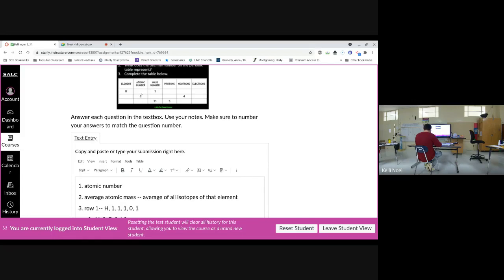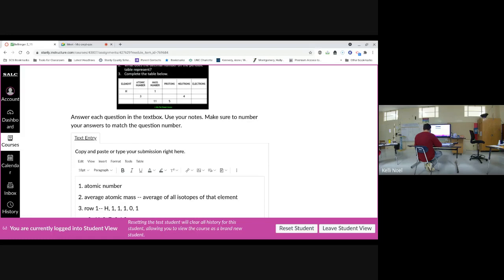Now this next one has an atomic number of 3. Find number 3 on your periodic table. What is it? Lithium. So you're going to put row 2 hyphen Li for lithium, 3 for the atomic number. You're going to look at the bottom of this box for lithium. You see a 6.9.